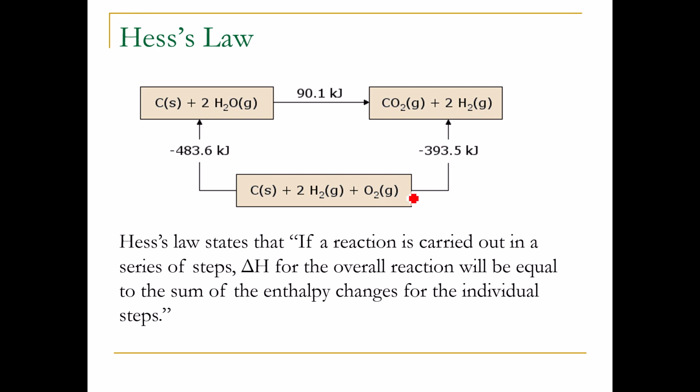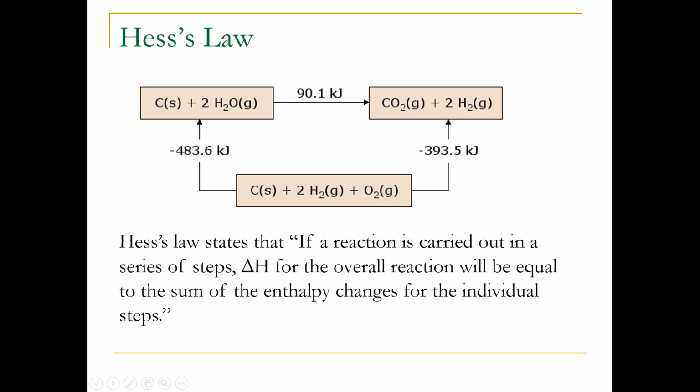You'll notice that the delta H values are different for these two different reactions. But we can use both of these delta H values in order to determine the direct pathway between carbon and water molecules to create CO2 and H2. Alright, and that's this value here.